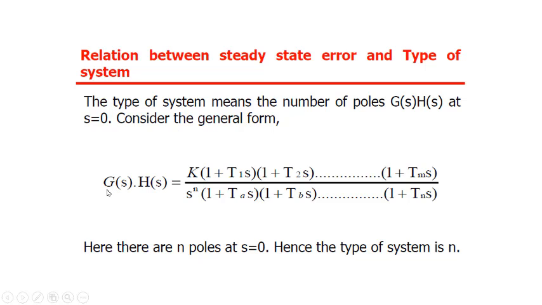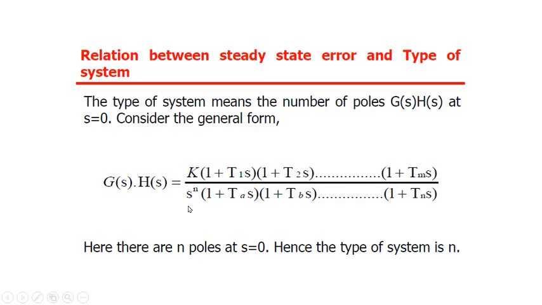Let's consider a general form. The general form of G(s) H(s) is, in the numerator, K times (1 plus T1 s) times (1 plus T2 s), and so on until (1 plus Tm s).